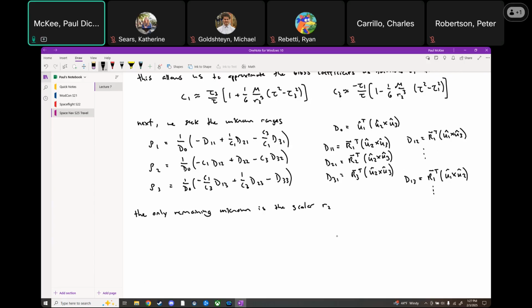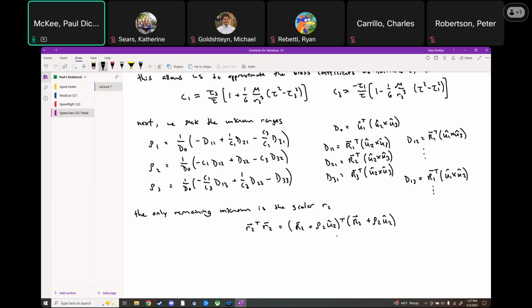All right, let's solve for the scalar R2 then. R2 vector transpose R2 vector is just capital R2 plus rho 2 U2 transpose, capital R2 plus rho 2 U2. That should make sense.